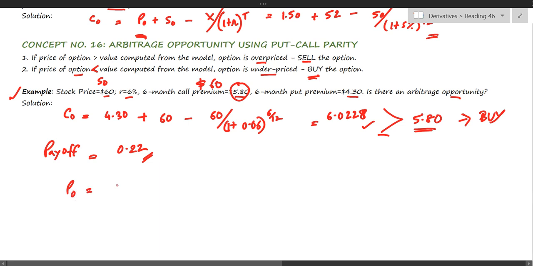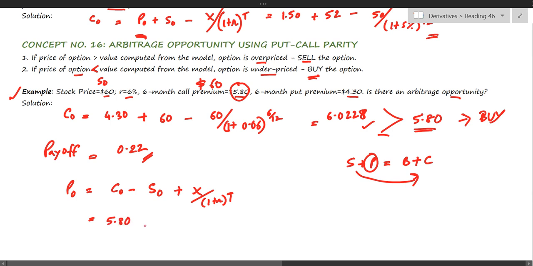Similarly, we can do this for the put option as well. In that case, the equation will be call option minus, remember the equation is S plus P equals B plus C, and we are talking about P right now. So the S will be negative on the right hand side. So we can deduct this, then the value of the bond. So this equals, the value of call is given as 5.80.